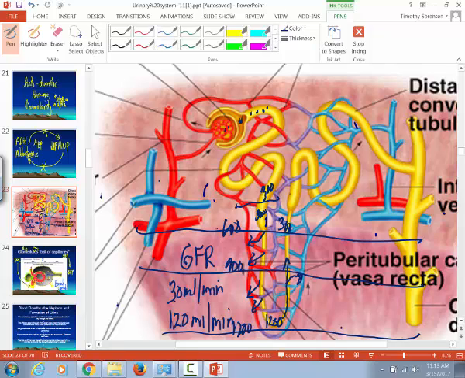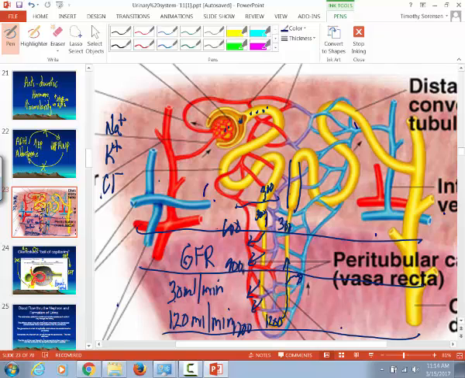Now here's the important piece. Now you're getting to the thickened portion of the ascending limb. And in the thickened portion of the ascending limb, electrolytes are actively pumped back into the blood. And the three electrolytes that are actively pumped back into the blood are sodium, potassium, and chloride. And you better write this down.